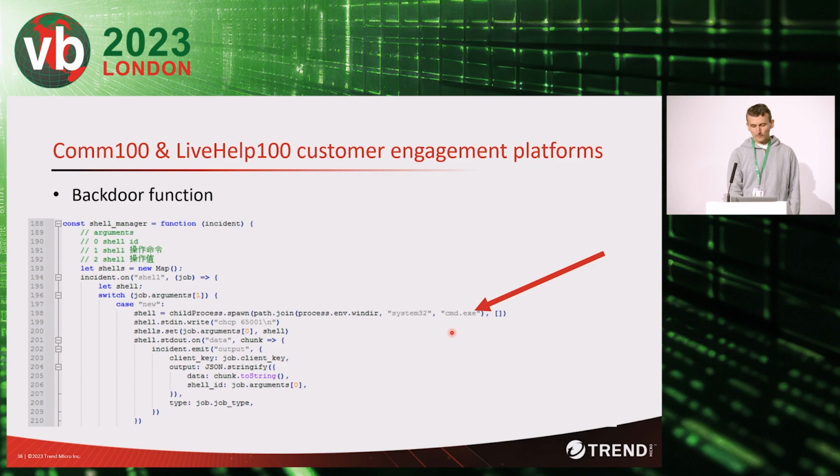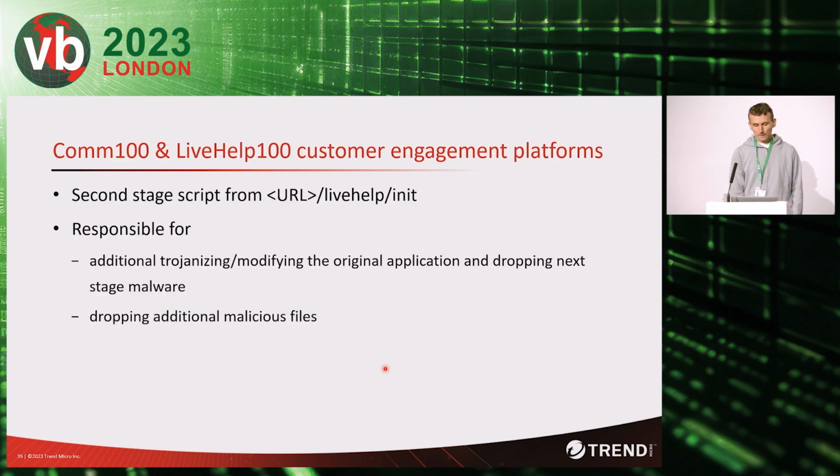So here you can see cmd.exe. It runs shell commands on the infected machine. This was one stage. Another stage is the code which is responsible for maybe trojanizing or modifying the original applications if necessary, or dropping additional stages of the malware.